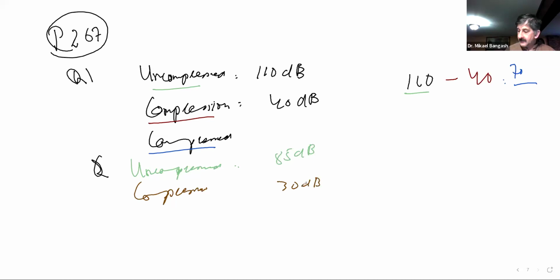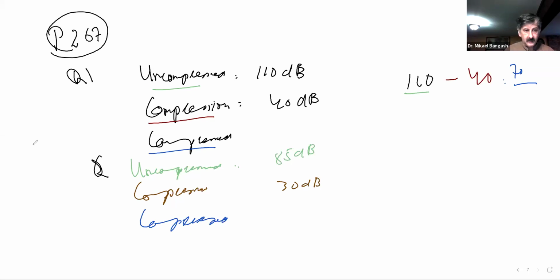So here it says it undergoes compression of 30, or undergoes a 30 decibel compression. That can even be phrased as it's going to be compressed by 30 decibels. But then it's just going to ask us, what is the range of our compressed signal?